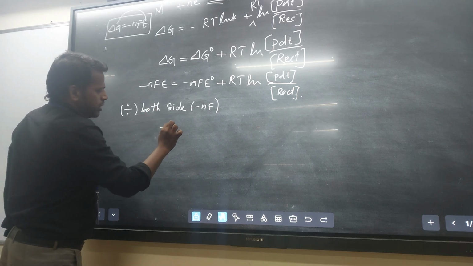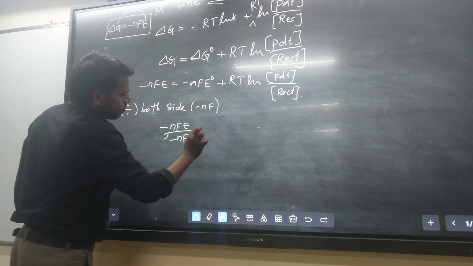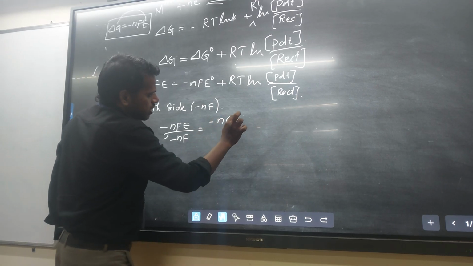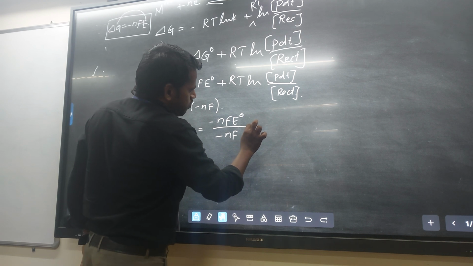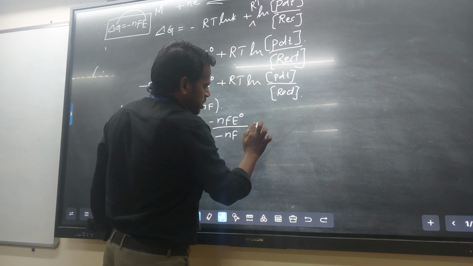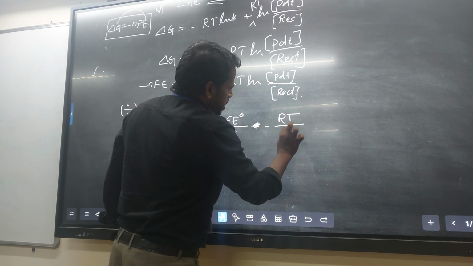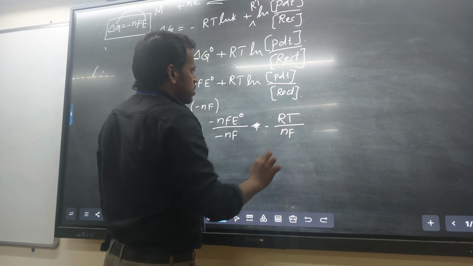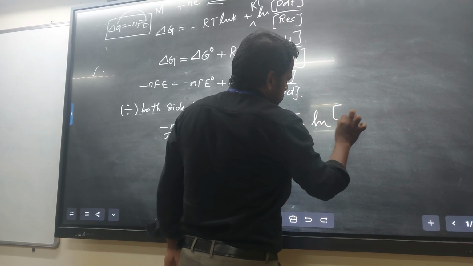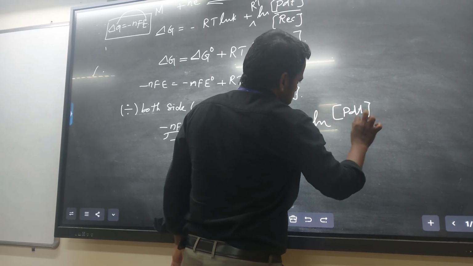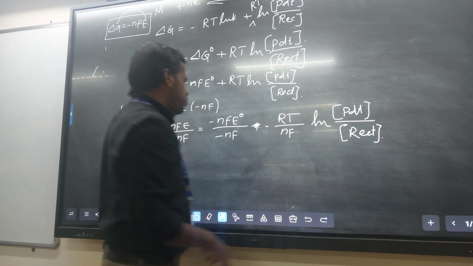Minus NF E divided by minus NF equal to minus NF E naught divided by minus NF, plus and minus cancel, therefore you can take it as minus RT by NF into ln product by reactant, the same product by reactant.